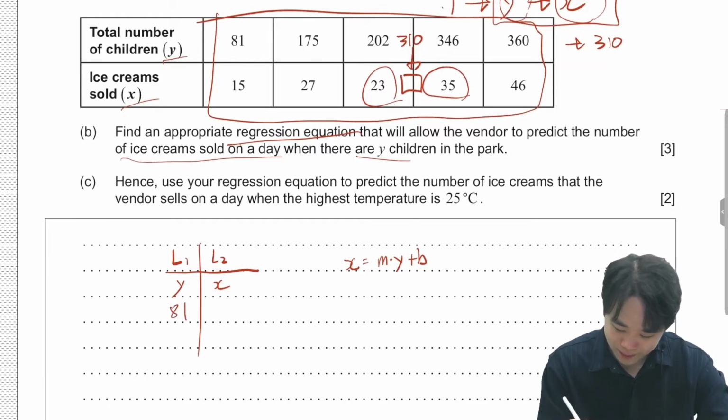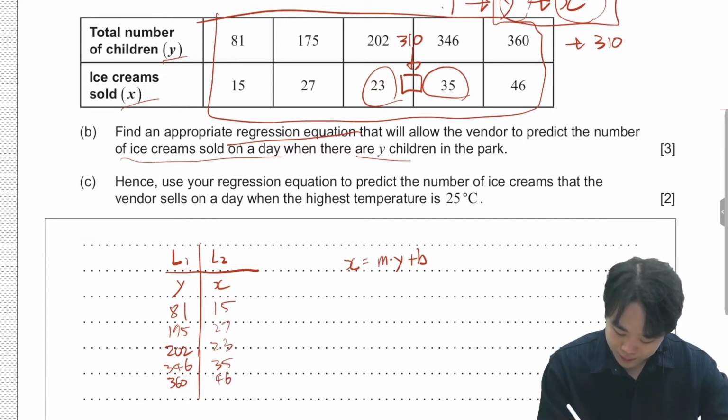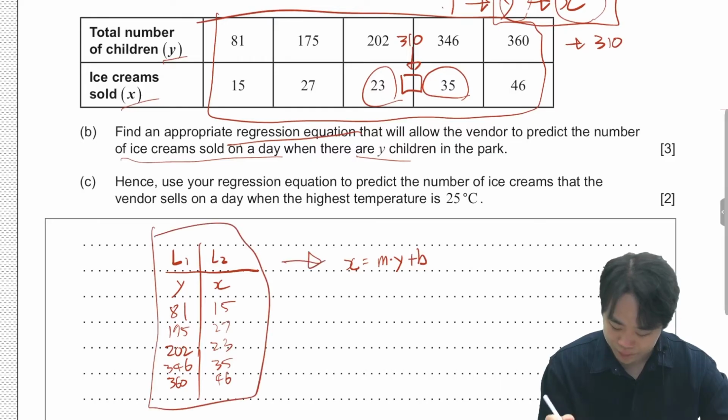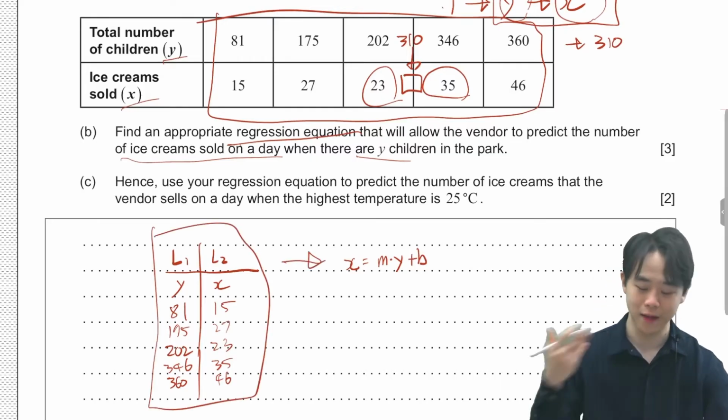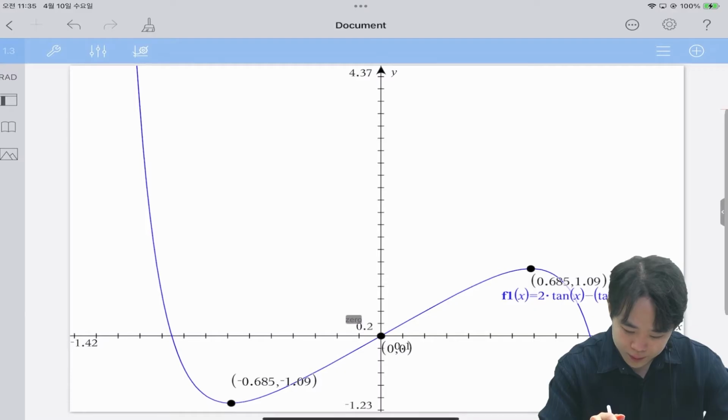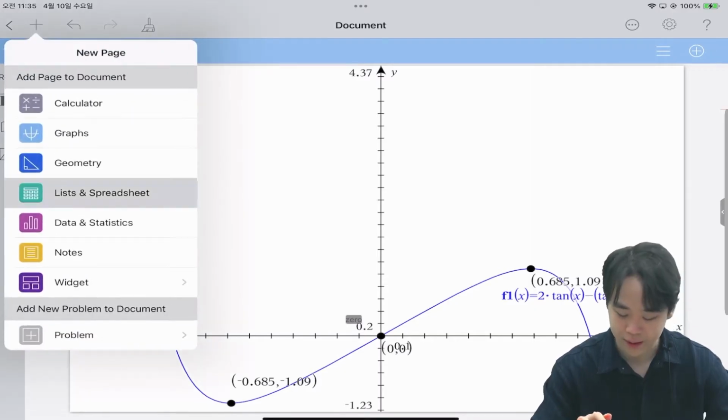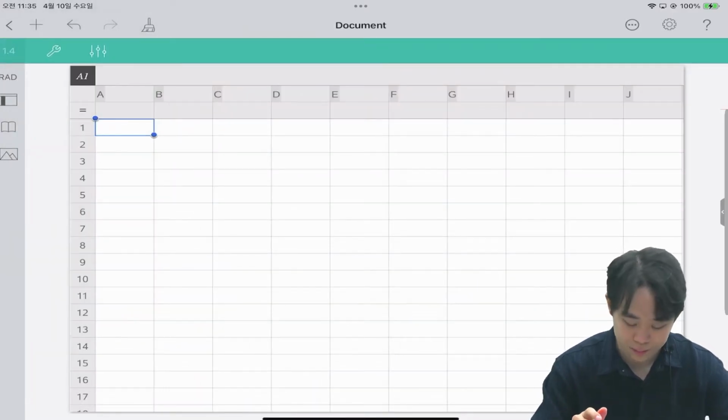So you have to write down your list of all the children and the matching ice creams sold, and putting this in your calculator should output a certain function. Let's do that right now. On your calculator, go to lists and spreadsheets and put in your data.